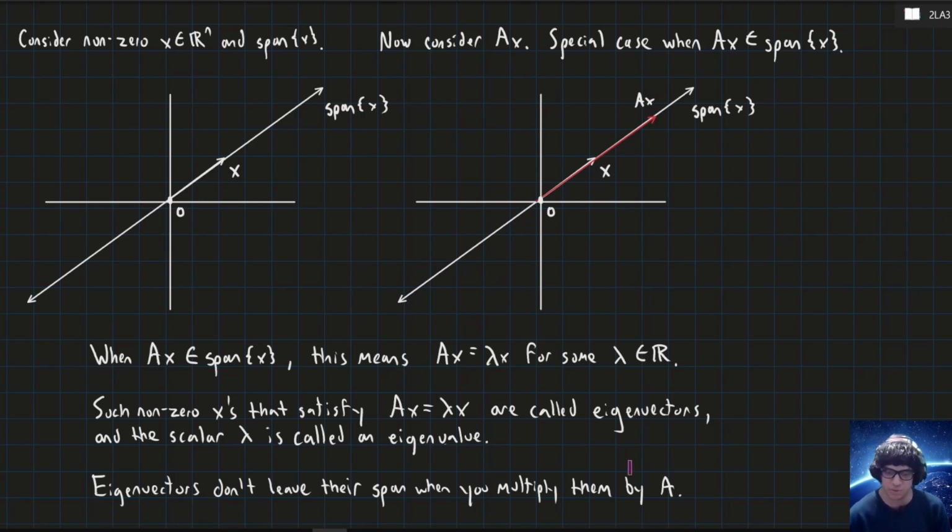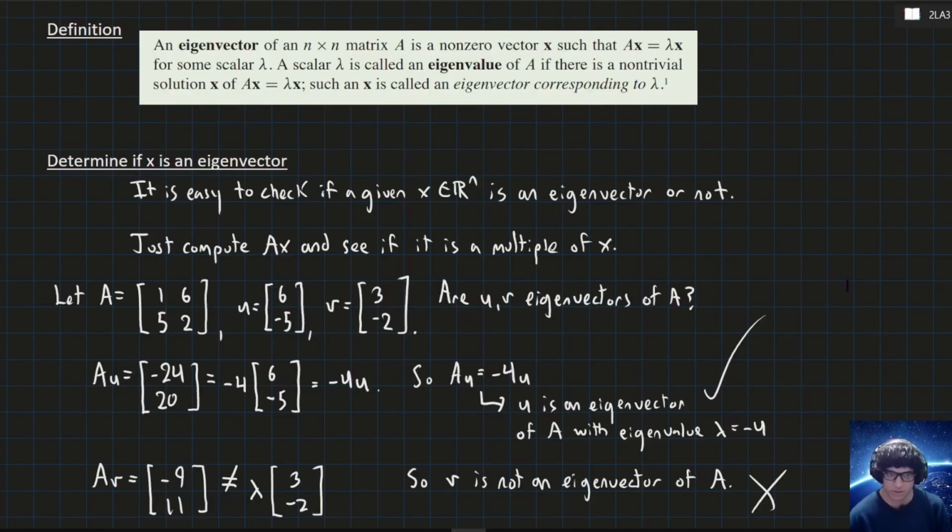The word eigen means self or same in German, so as to mean that x stays within its own span. Here's the formal definition of eigenvector and eigenvalue from the book. You can read through this and see it's what I described above.